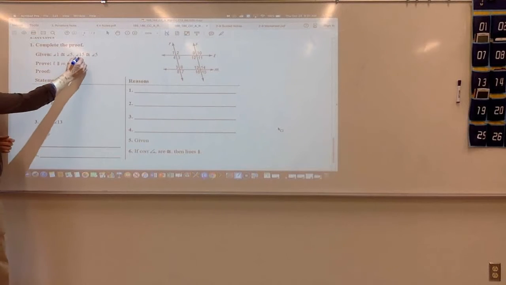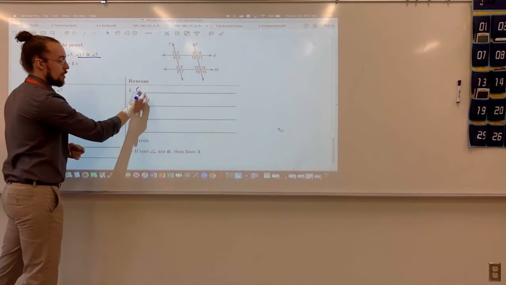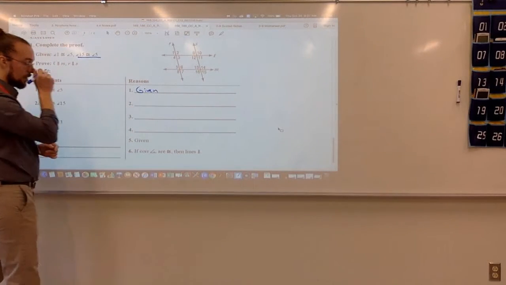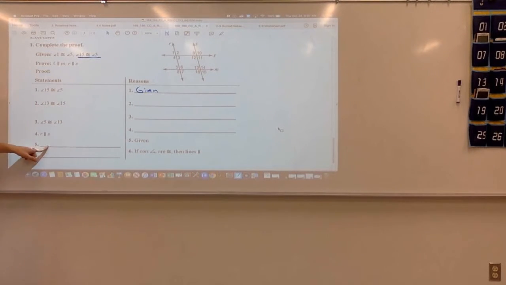Right? So this first part, okay, we always want to look for the givens first, remember. So angle 15 is congruent to angle 5. That's given. Well, then they tell me the other given is going to go in line 5. So I'm going to go ahead and write that one in as well. Angle 1 is congruent to angle 5.